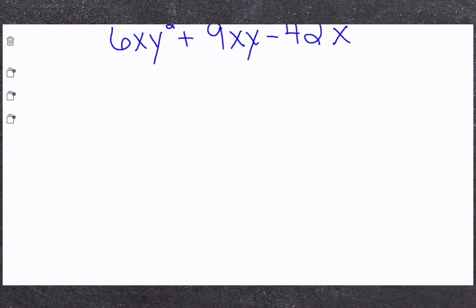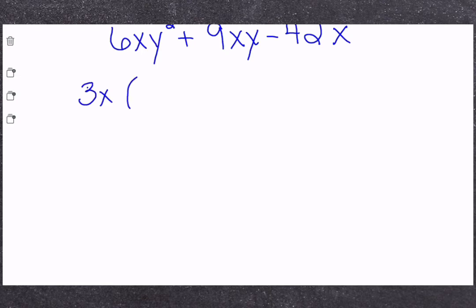And when I look at this problem, yes, I do have a GCF. There's a number that divides evenly into 6, 9, and 42. That number is going to be 3. And they also have a variable in common that's going to be x. So 3x is my GCF.